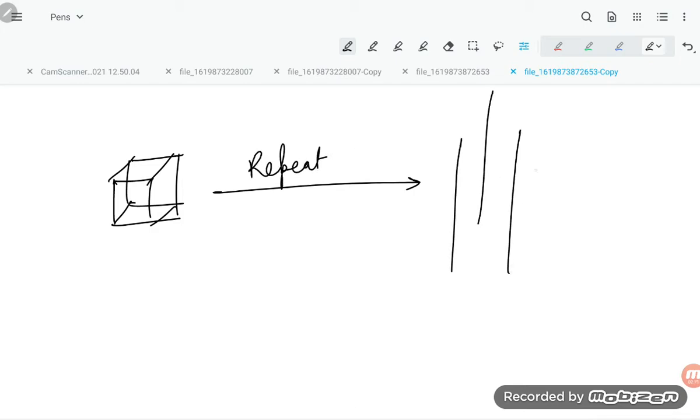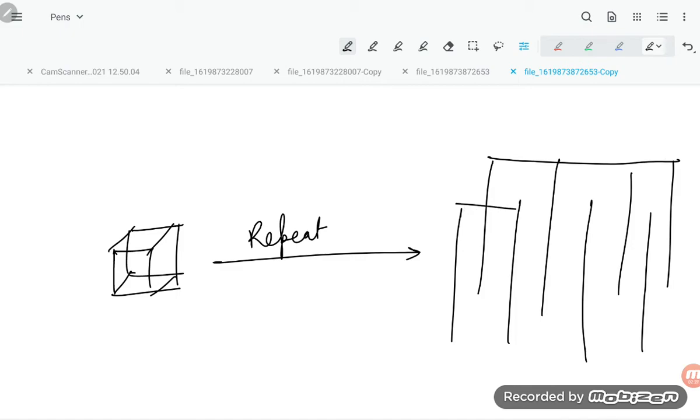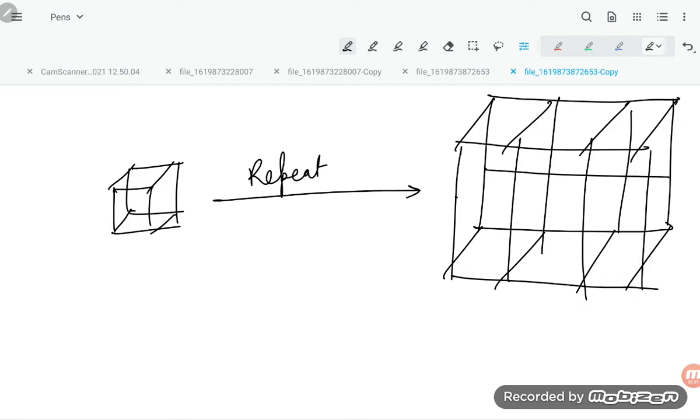It will generate the entire crystal lattice, dear student. So you can frame it this way.